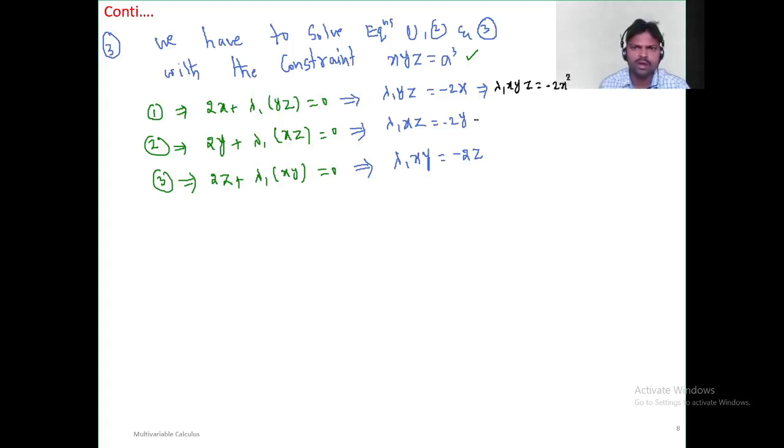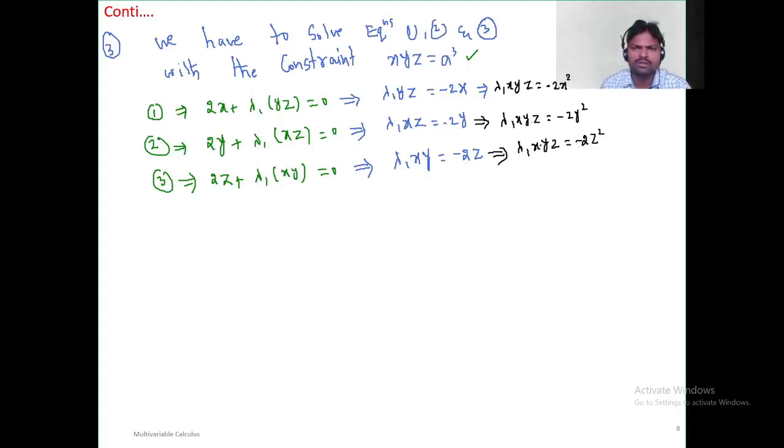And here λ1 into xyz, again I am multiplying with y, so minus 2y square, and here I am multiplying both sides with z, so λ1 into xyz, what will we get? Minus 2z square. You may wonder why I am multiplying all these things: because look, the constraint xyz is there, I may use the a cube value here.